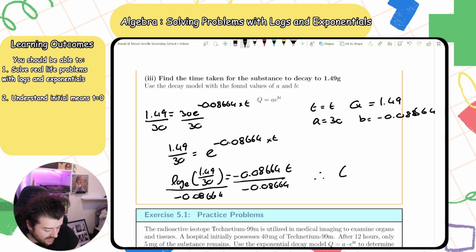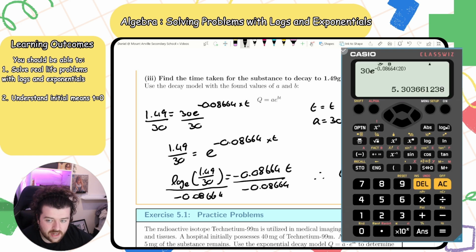We should get t is roughly equal to, so open back up the calculators here. So we're going to have the top part of my fraction, ln of 1.49, all over 30, all over minus 0.08664.